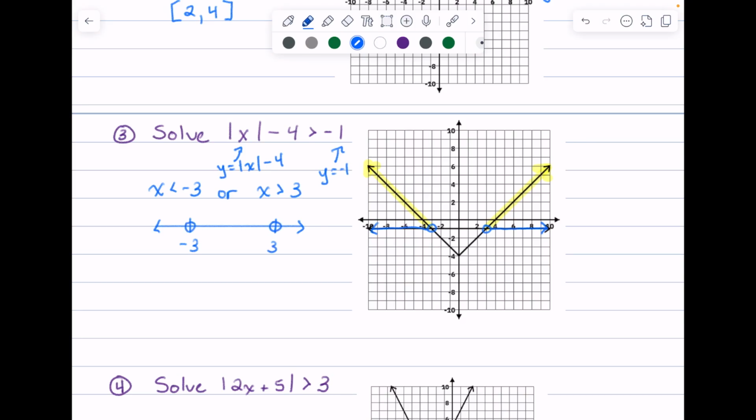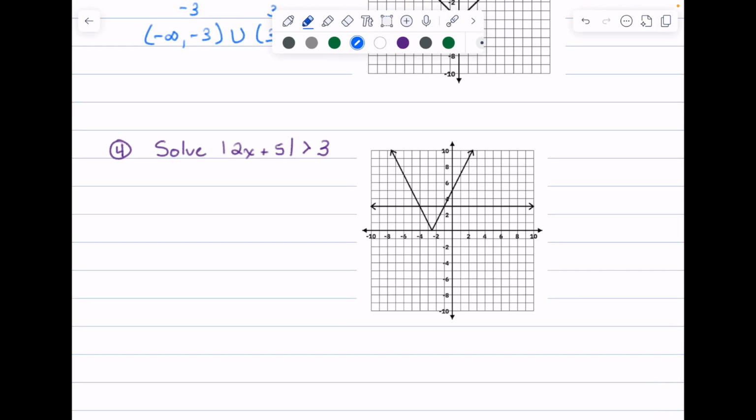Don't forget the open and closed circles still apply. And then the place this works is off to the left and the right. And so interval notation for this would be negative infinity to negative 3 with the union symbol, 3 to positive infinity.